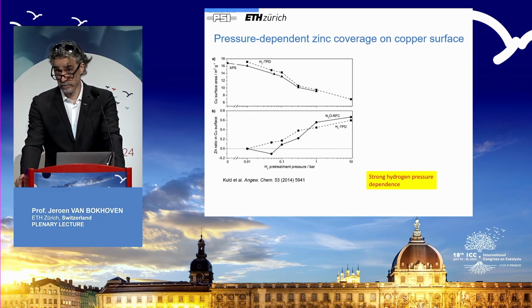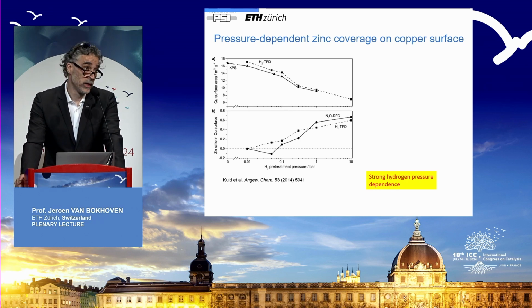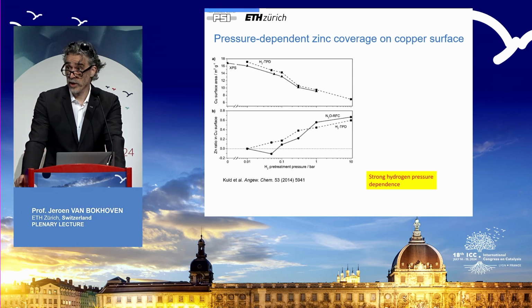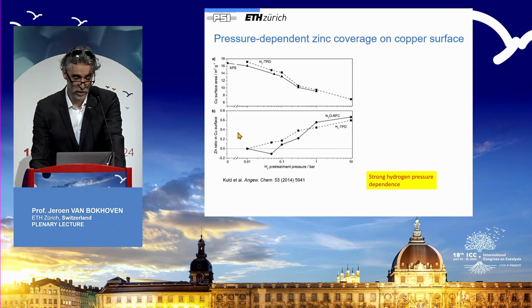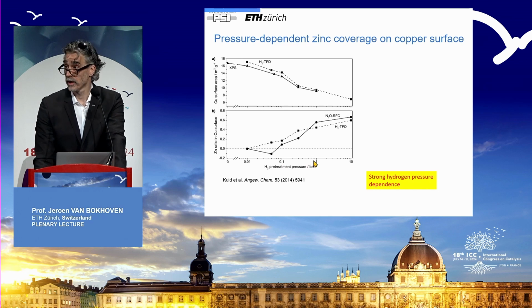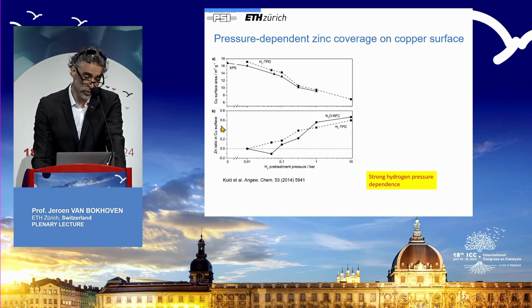So if I highlight a bit of literature, there is, as a function of pressure, the pretreatment of this catalyst, which is a hydrogen reduction. On the x-axis is the pressure of the hydrogen used during the pretreatment. On the y-axis, on the bottom, is the zinc ratio in the copper surface, and on the top, it's the copper surface that is free for adsorbates or that you can detect in XPS.